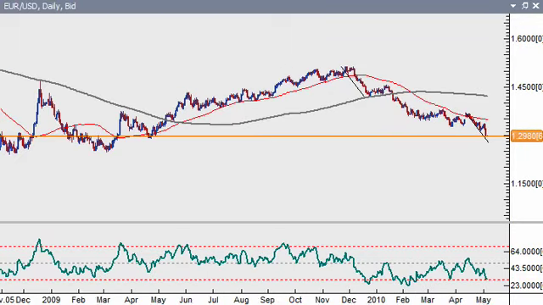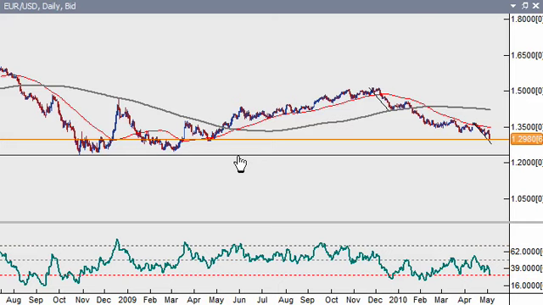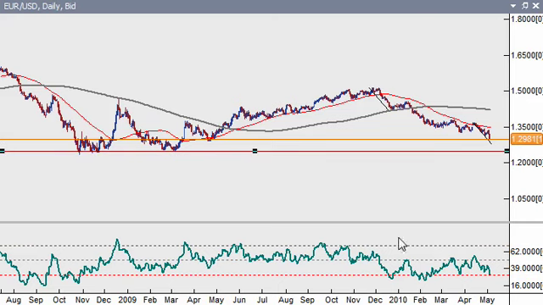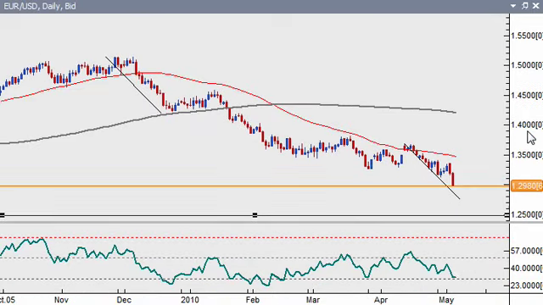If the market could actually continue and test our low here around 1.25, then 1.25 to 1.27 seems to be the support area, and the market is quickly approaching that area now.